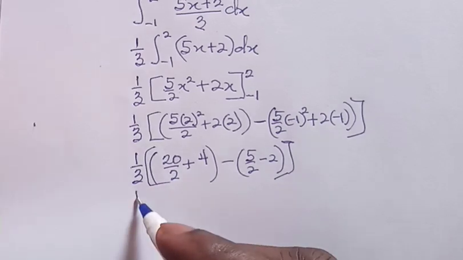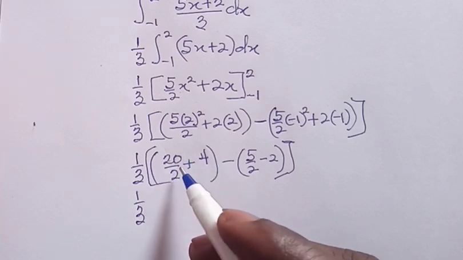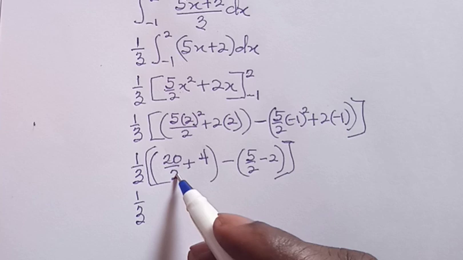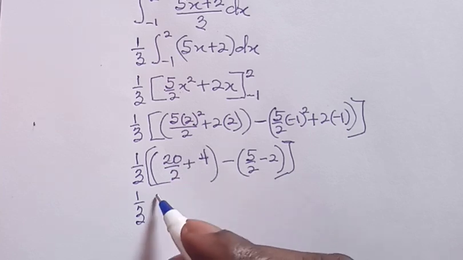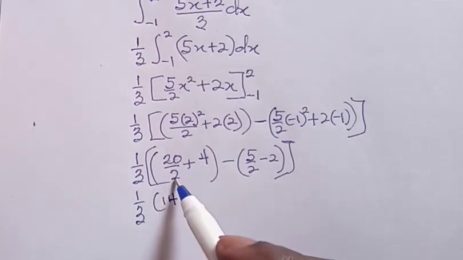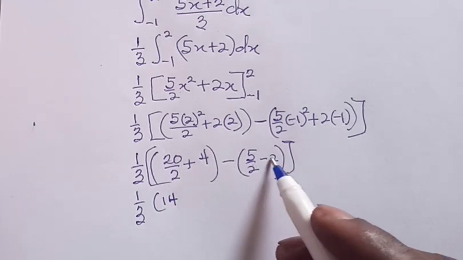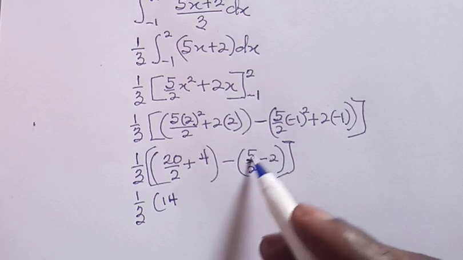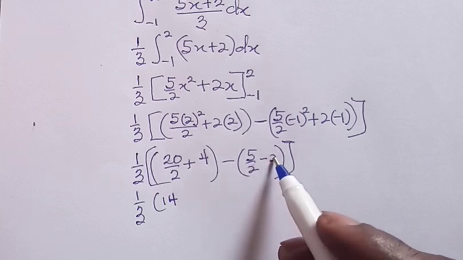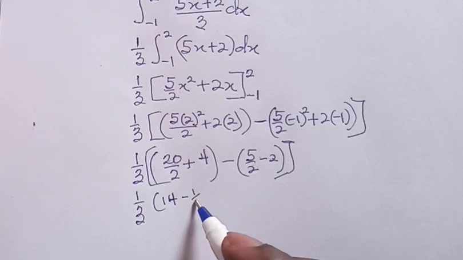We still have 1/3 out. So let's deal with this bracket. We get 14 here, because 20 divided by 2 gives us 10, and 10 plus 4 gives us 14. Then let's also deal with this. If we simplify this fraction, 2 times -2 gives us -4. So 5 minus 4 gives us 1, divided by 2. So here we are getting this.